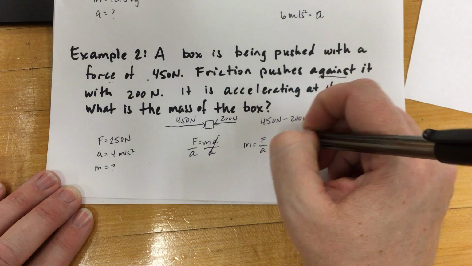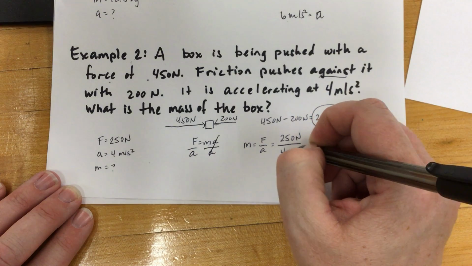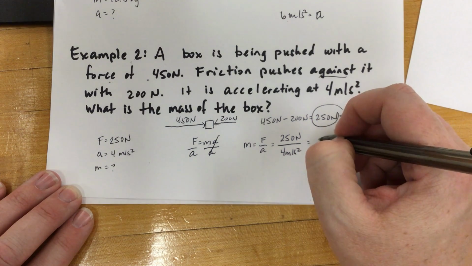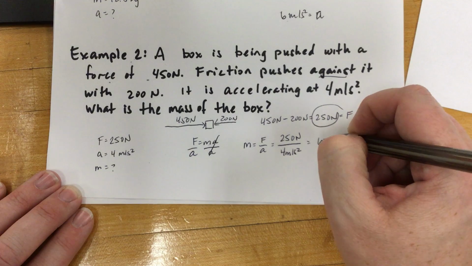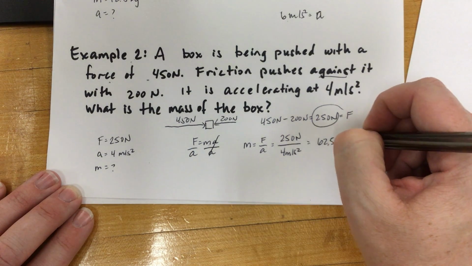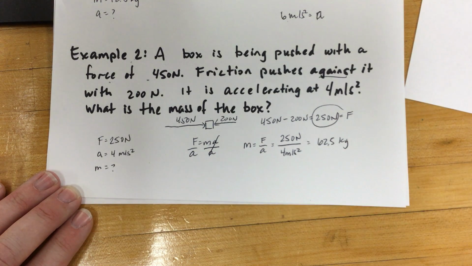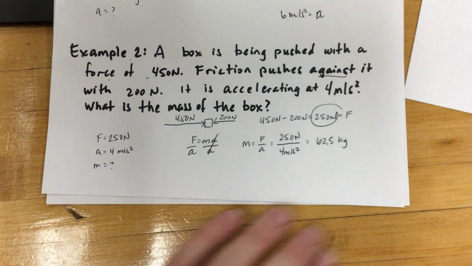So I've got 250 newtons divided by 4 meters per second squared. And when I divide that out, I get 62.5, and I'm measuring a mass, so it would be kilograms. If I break up newtons, cancel out the meters per second squared, the kilograms are the things that are left.